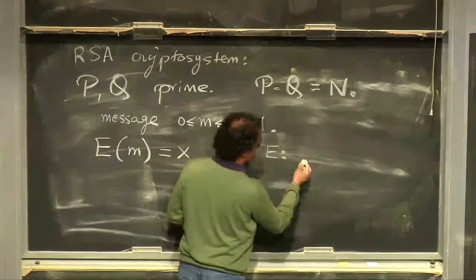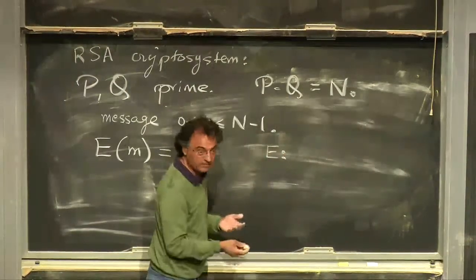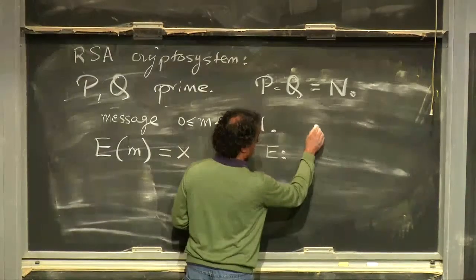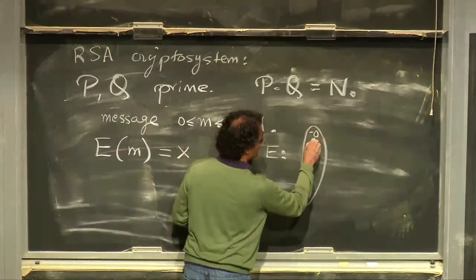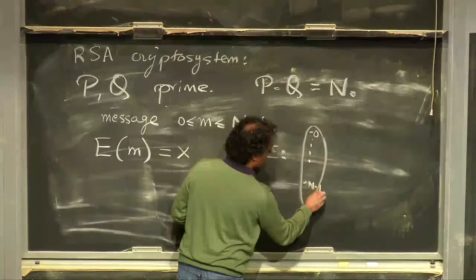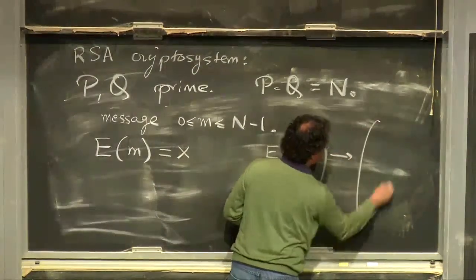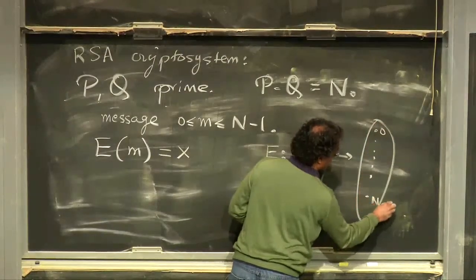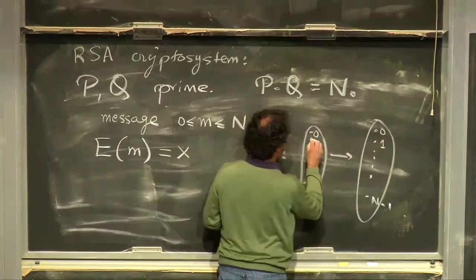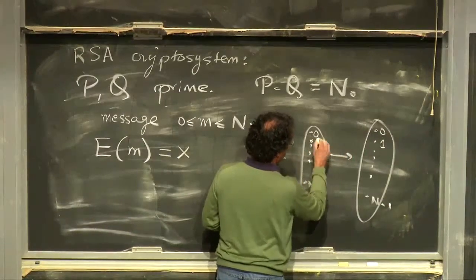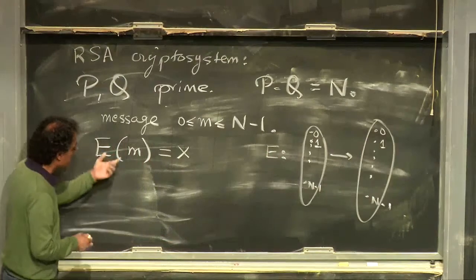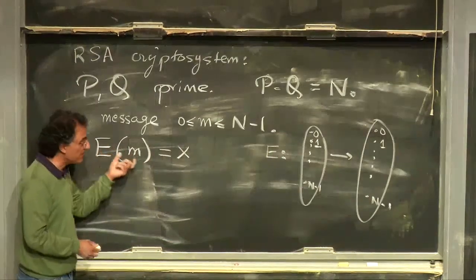It maps the numbers mod N, 0 through N minus 1, to 0 through N minus 1. So 0, 1, 2 up to N minus 1 to 0, 1, 2 up to N minus 1. You take M and you encrypt it. You apply this encryption function.